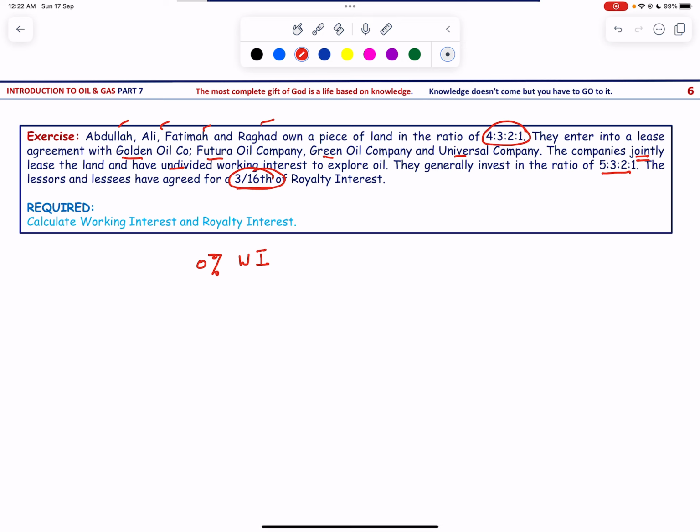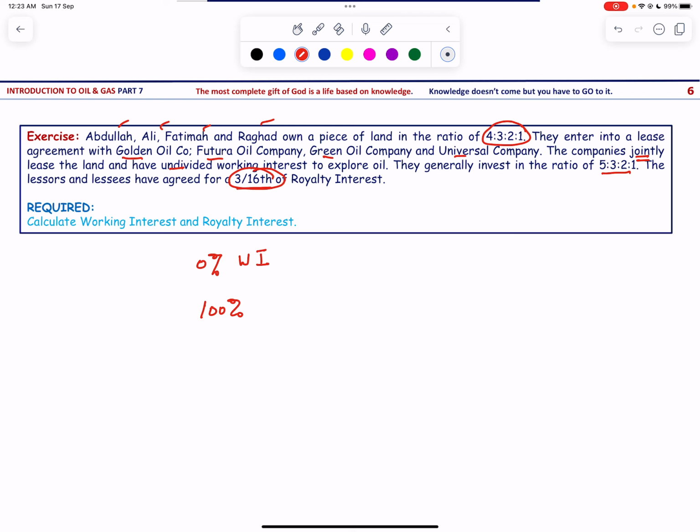After the lease, the lessees, that is the Golden, Futura, Green, and Universal companies, will have 100% working interest. They are the lessees and are not eligible for royalty interest as they are the lessees and not lessors.